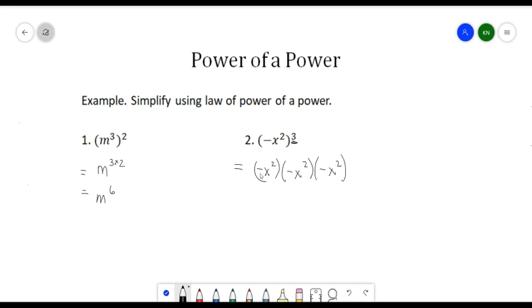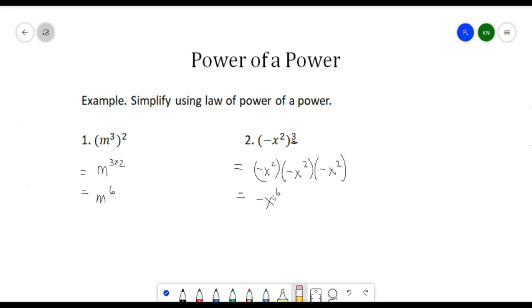So meaning to say, negative x squared times negative x squared, as we know, they have the same base, that is equal to positive x raised to the fourth, and then multiplied again with another negative x squared. So this is now equivalent to positive x raised to the fourth multiplied by negative x squared, meaning to say that is equivalent to negative x, and then 4 plus 2, that is 6.